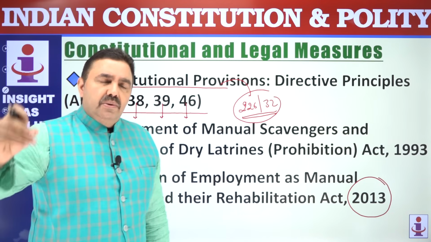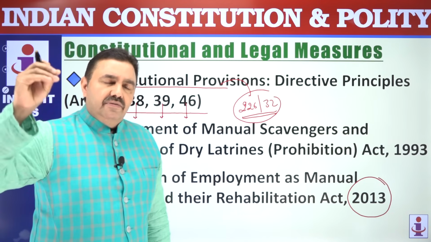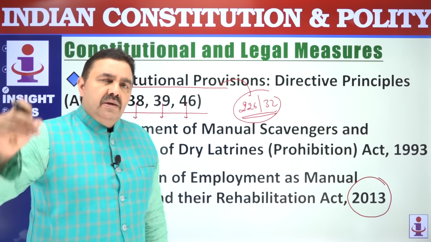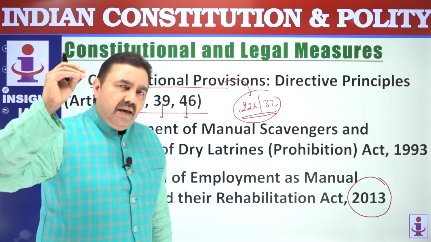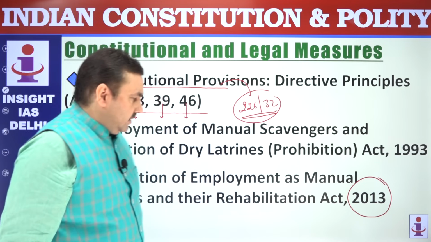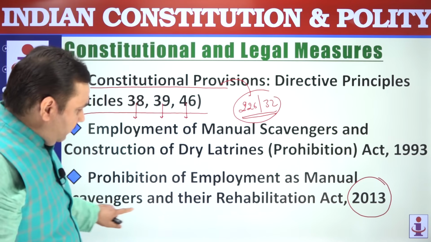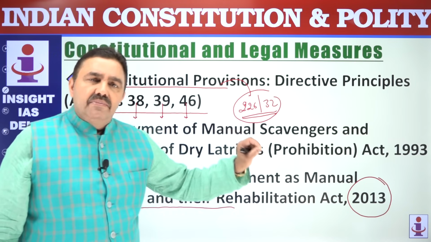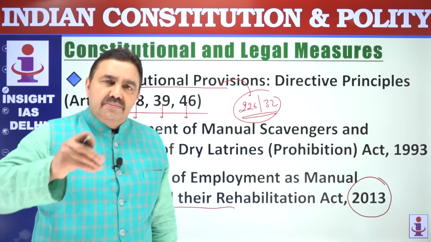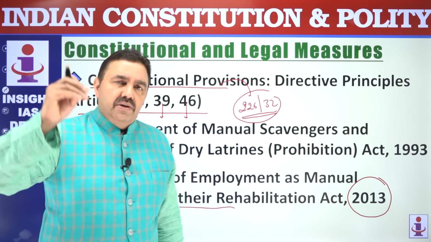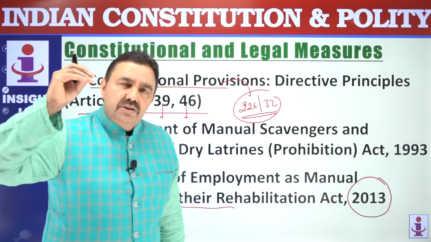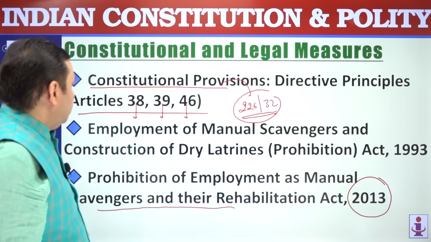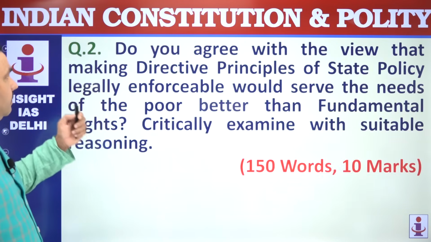Anybody forcing someone to indulge in manual scavenging, cleaning of drains and toilets, can be punished. And this act of 2013 is a strong measure against this evil practice of manual scavenging that has been going on in different parts of our country, even till the very recent past. So these are the safeguards available.